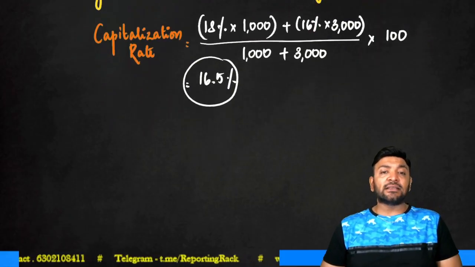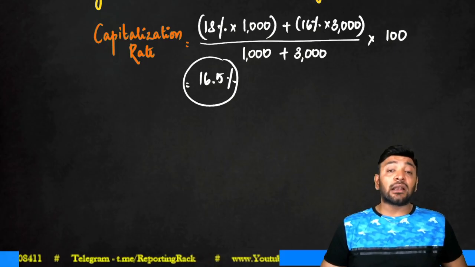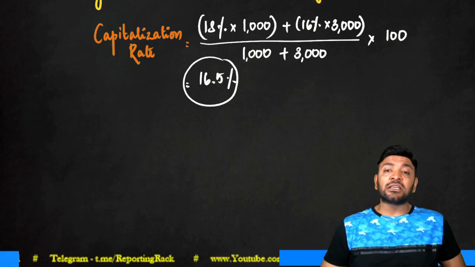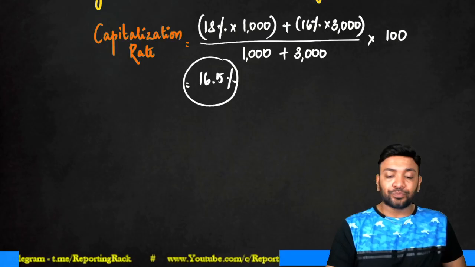Since you got a capitalization rate of 16.5%, that is where you have to start identifying the amount of borrowing cost eligible to be capitalized on the amount of plant.